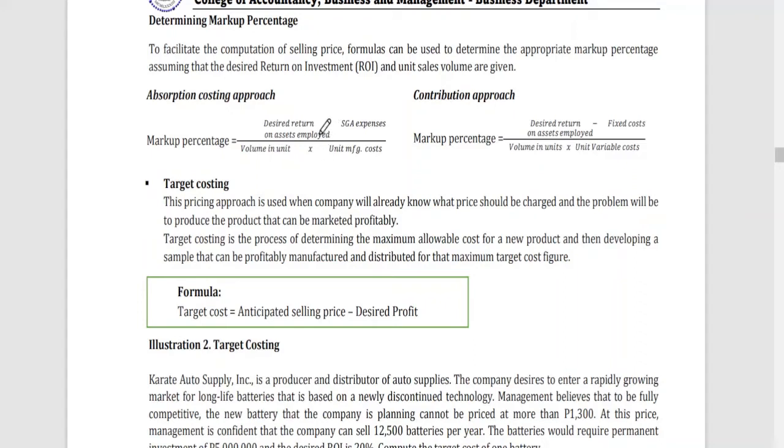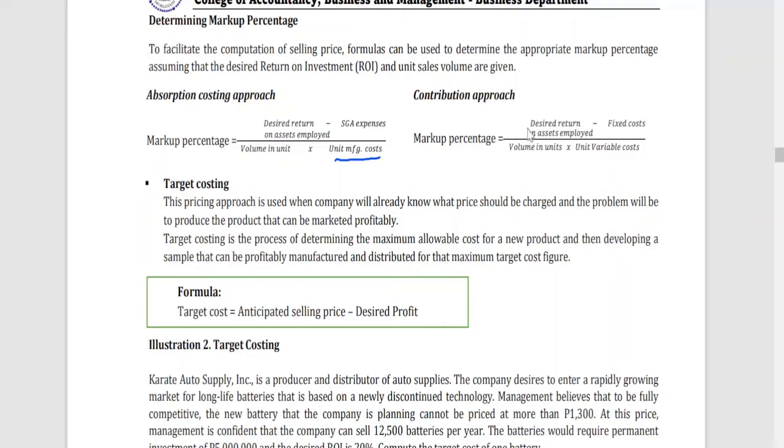So, desired return on assets employed, then deduct the SGA expenses, your selling, general, and administrative, divided by, okay, volume in unit times the unit manufacturing costs. That's for the absorption costing. So, as you can observe in our denominator, the base is on the cost components also of the absorption costing approach.